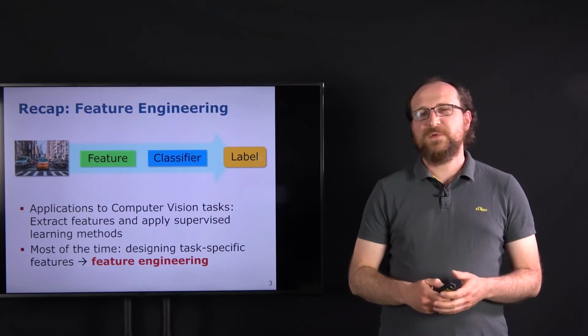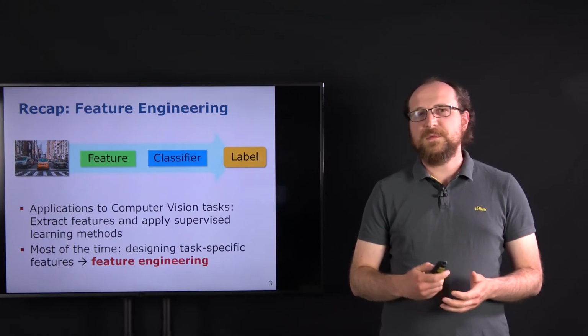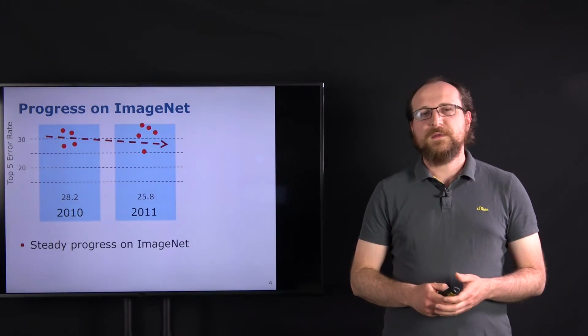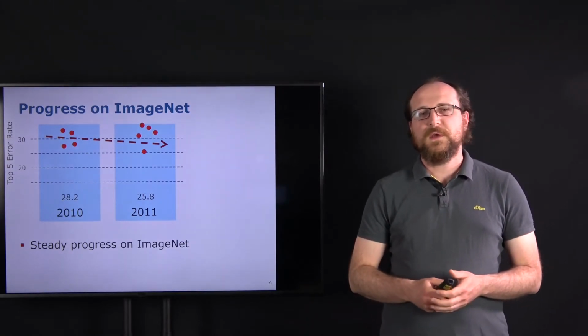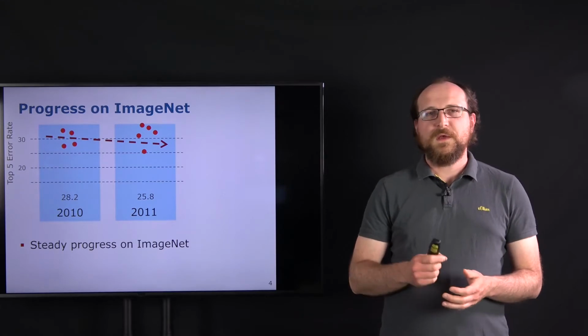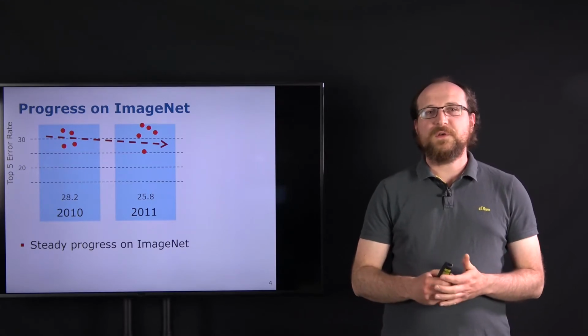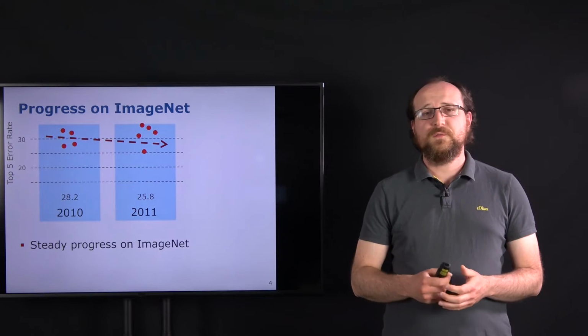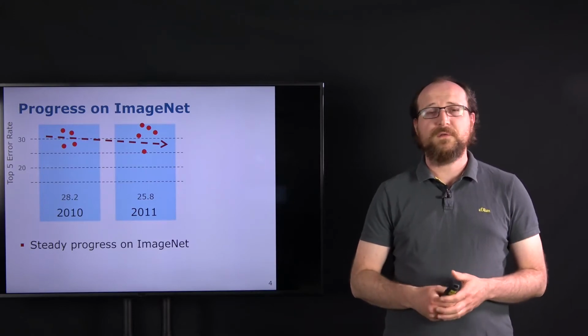But you remember we also talked a little bit about ImageNet last time and about the progress on ImageNet. As you can see, in 2010 we reached a top 5 error rate. You remember we are not using just the best prediction, but look at the 5 best predictions to figure out if the classifier did the right job.